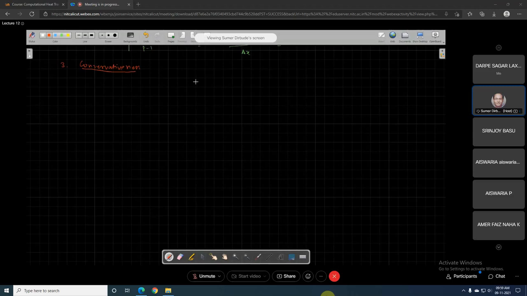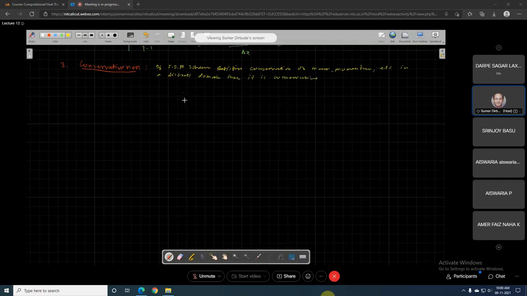Say, for example, if you have this equation, what do we mean by conservativeness? If a finite difference scheme, or any numerical method scheme, satisfies conservation principles, conservation of mass, momentum, etc. in a discrete domain, then it is conservative.